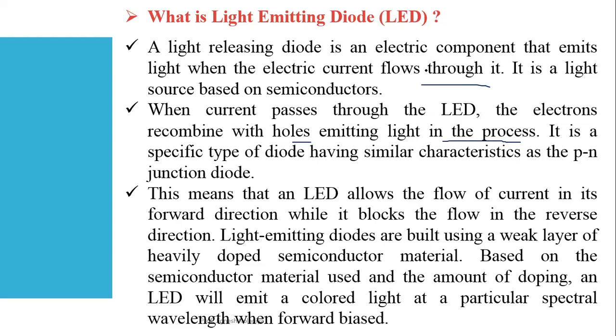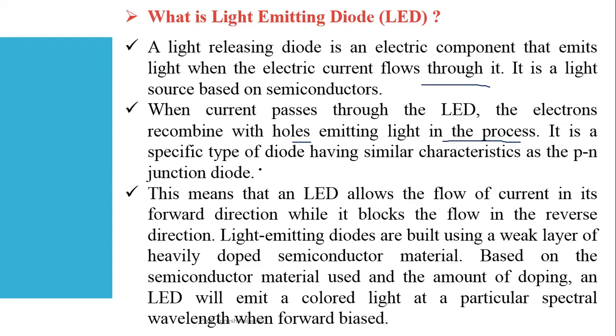It is a specific type of diode having similar characteristics as PN junction diode. So you can see PN junction diode is the base for all diodes. Everywhere it will come into the picture. So make sure that you all have remembered the working principle and construction of PN junction diode.